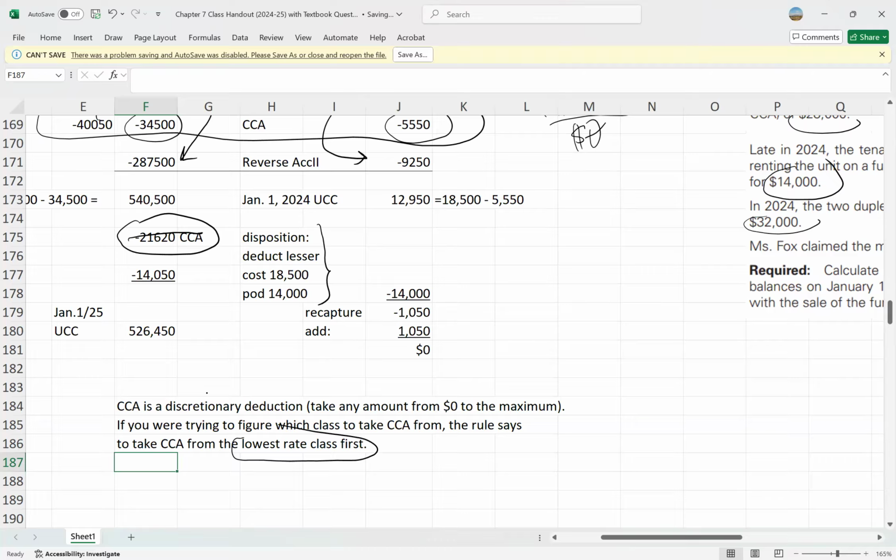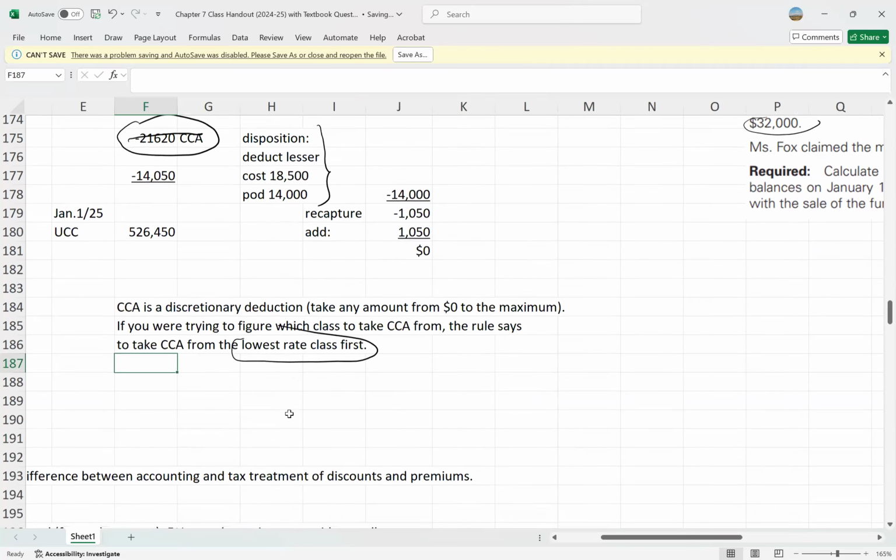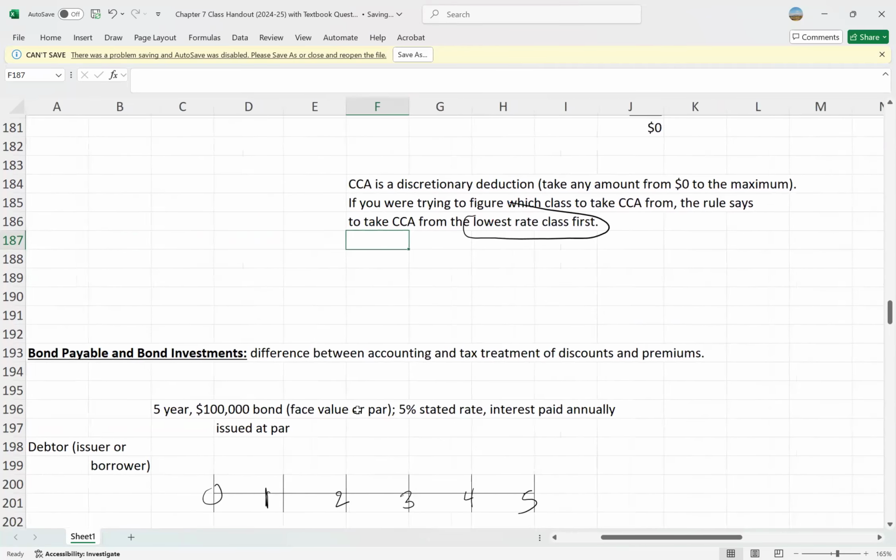Any questions before we continue on? We're going to go through bonds. Now, bonds obviously was not my favorite subject in university, but it's talked about in chapter 7 with respect to how income tax deals with discounts and premiums.